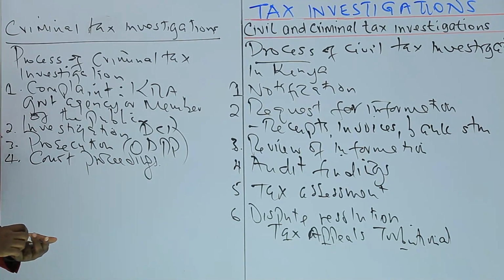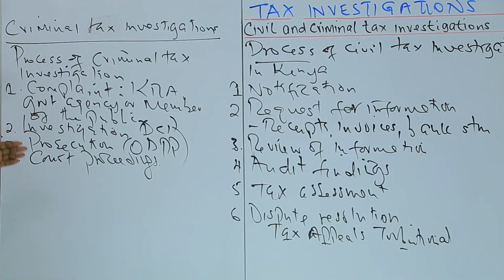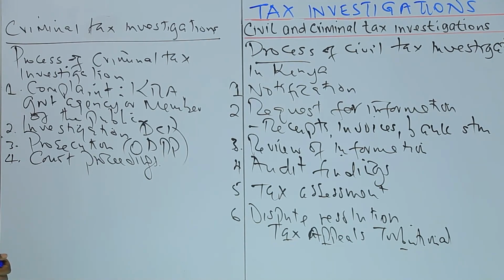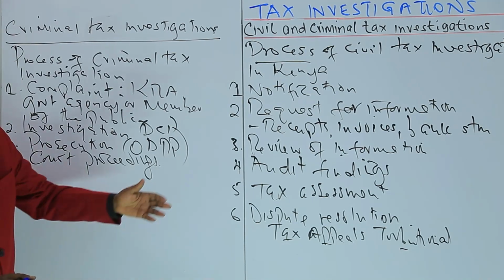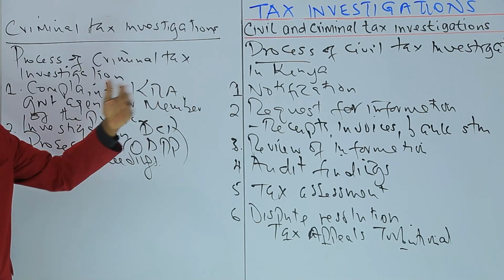So in a nutshell, that is the process of criminal tax investigations in Kenya. We've said one begins with a complaint, either from a government agency or a member of the public or the revenue authority. The second step is to investigate the matter, and the investigations in criminal tax investigations are not done by the revenue authority like the civil tax investigations.